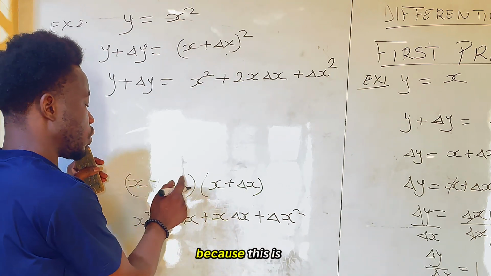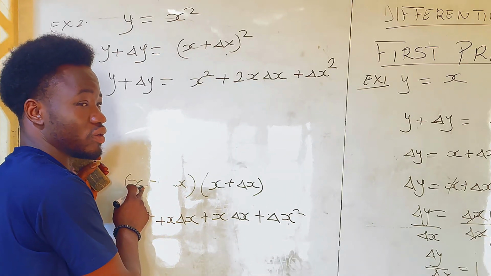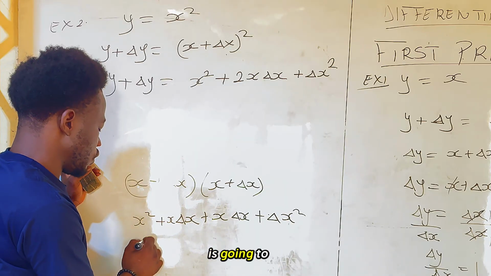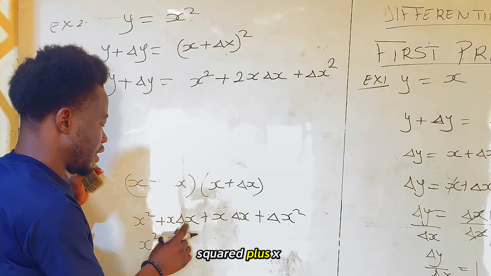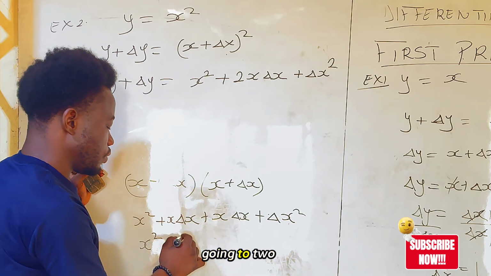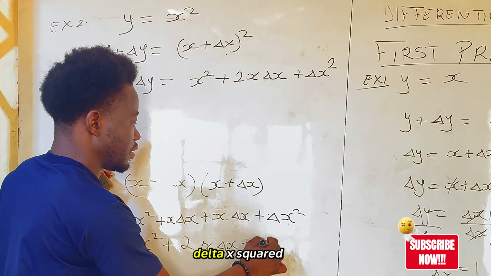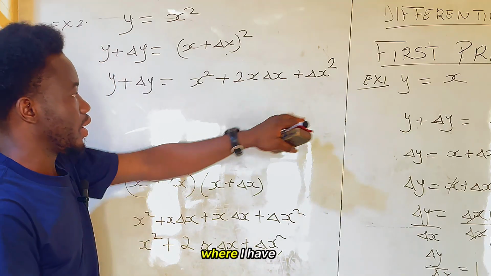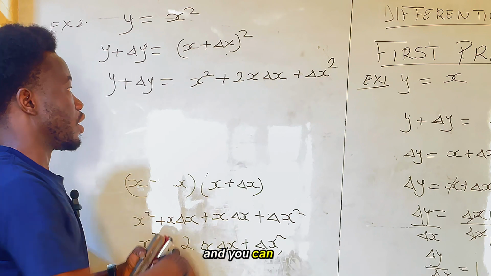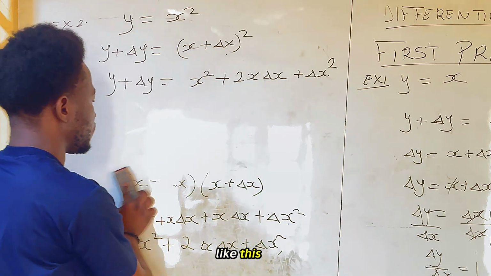No, it's not the same, because delta x is treated as one separate variable from the x itself. So we can't combine them and say that they're the same. So this goes to x squared plus x delta x plus x delta x, which will go to 2x delta x plus delta x squared. And that is where I have this one. So you can use the binomial expansion quickly and arrive at this place, but this is how you can also use the expansion method.